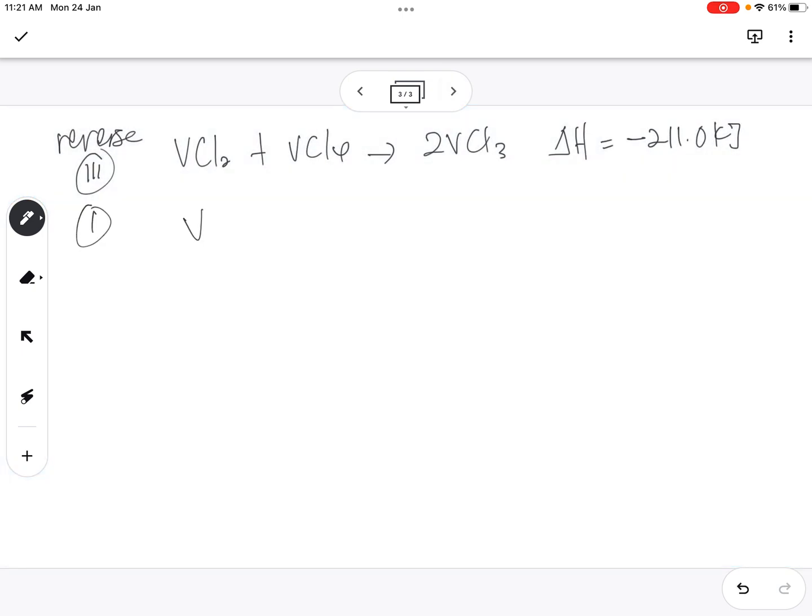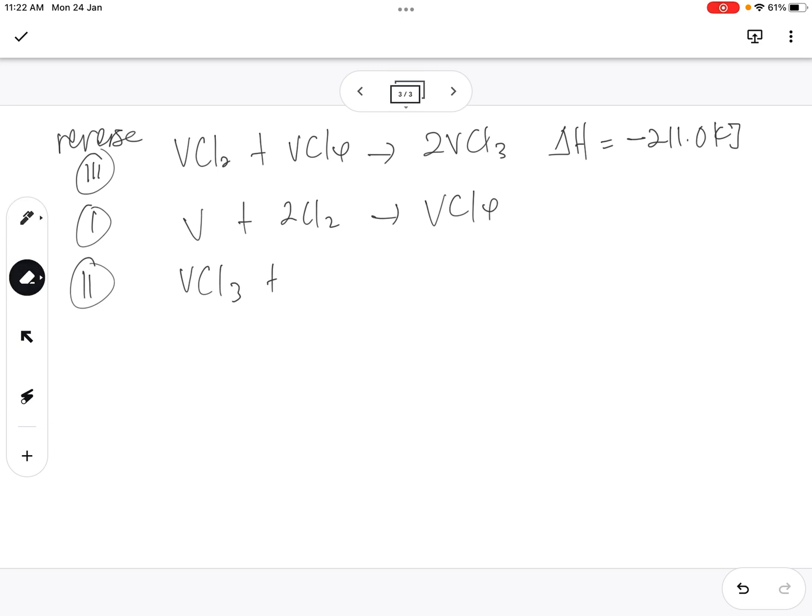Equation 1 is V plus 2Cl2 to VCl4. And then equation 2 we write: VCl3 produces VCl2 plus half Cl2.